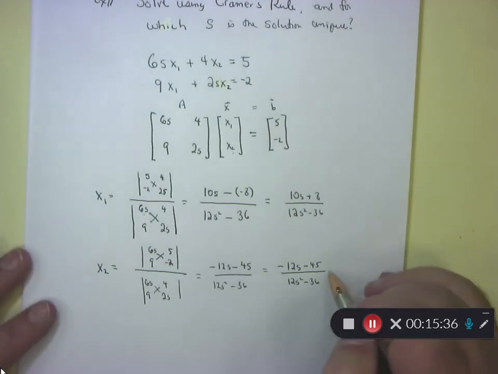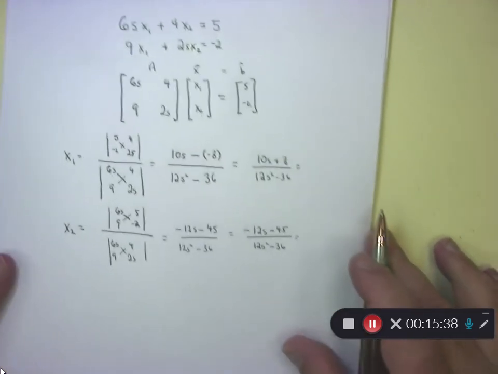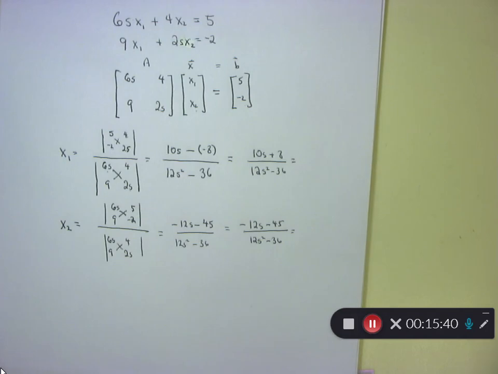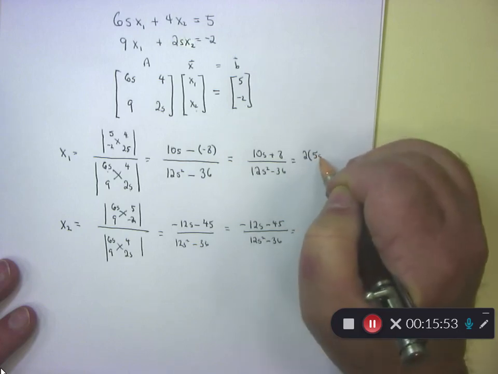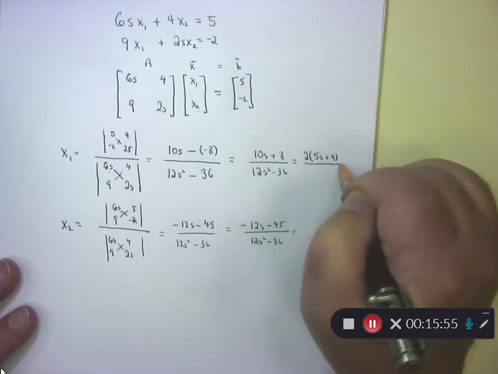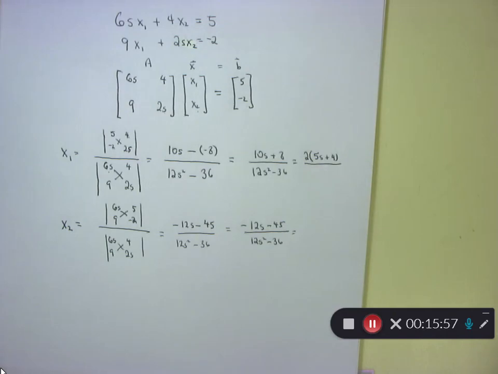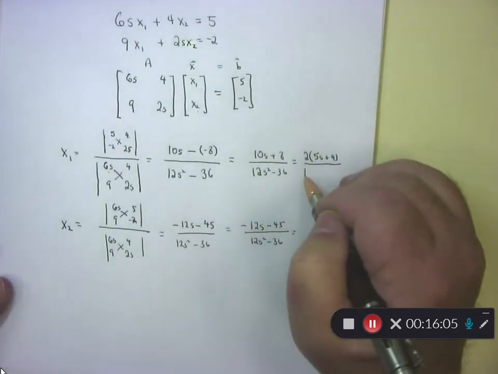Now, let's talk about cleaning up these answers, and then I'm going to go answer the question. Look at that numerator of x1. I got 10s plus 8. What can you factor out of that, guy? You can factor out the 2. And you're left with a 5s plus 4. What can you factor out of the 12s squared minus 36?